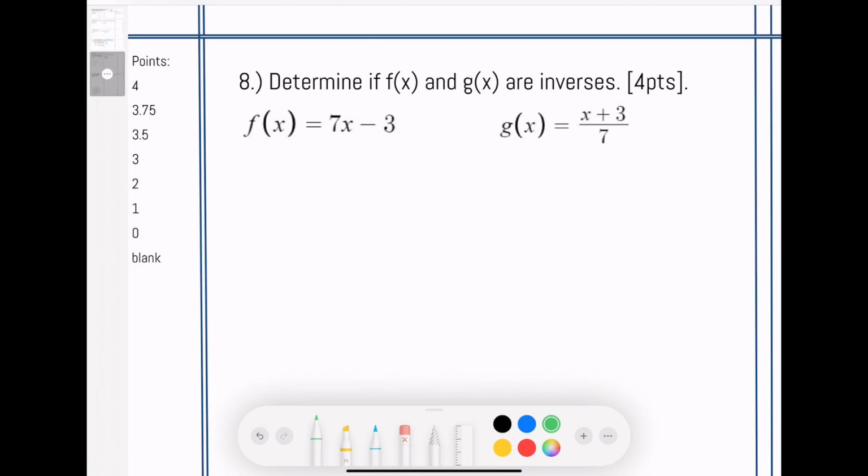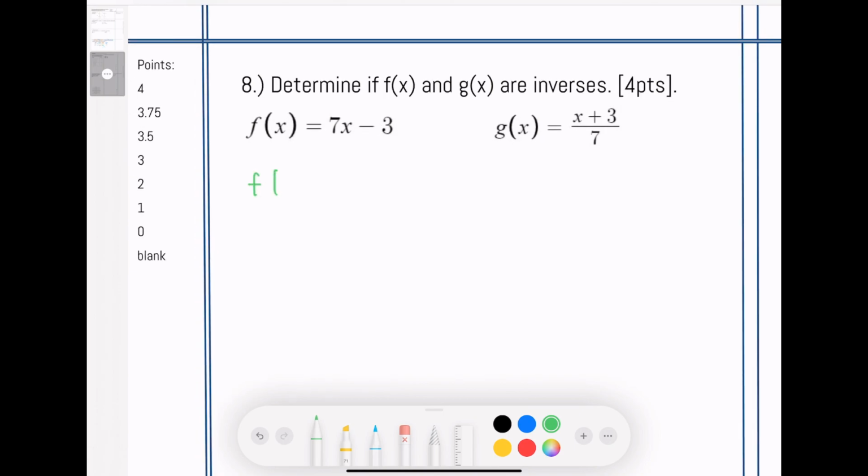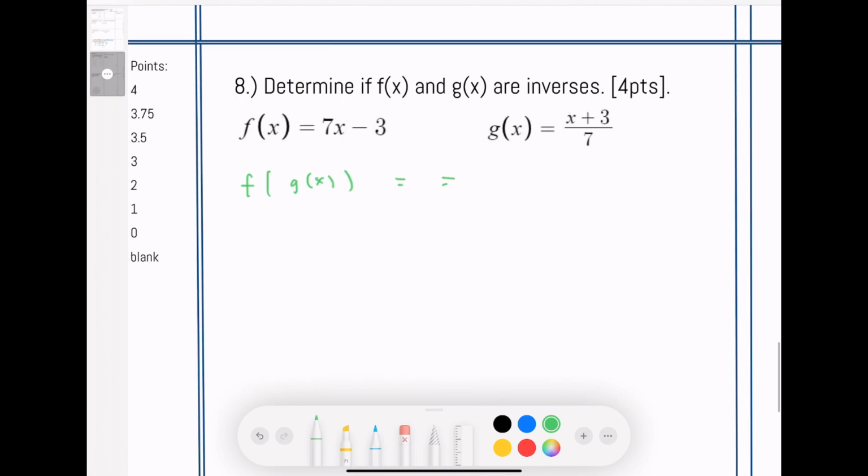All right, for number 8, determine if they are inverses. If they are inverses, then f of g of x will equal x. And then over here on the right side, g of f of x will also equal x to show that they are equal to one another, that they are inverses.